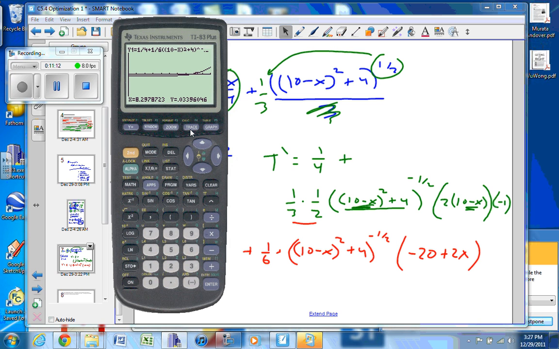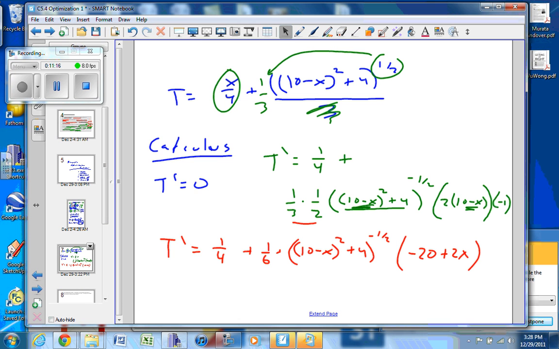So we know from this, we see that we've got x and T prime. x equals 7.73, x greater than 7.73, x less than 7.73. And we saw that it was negative, 0, positive.